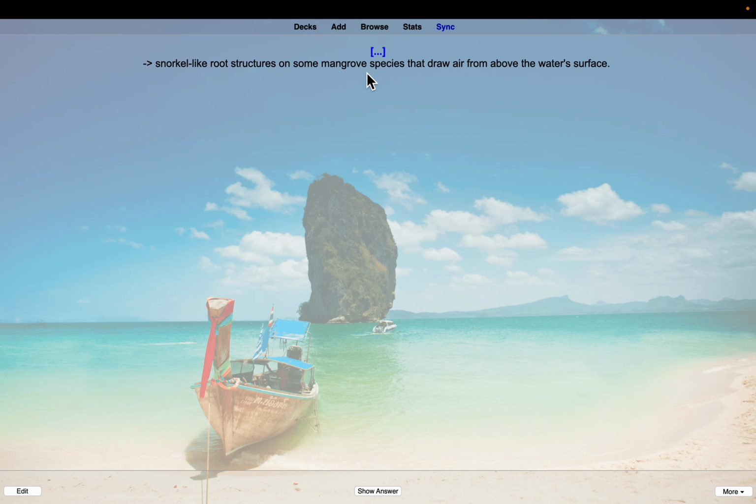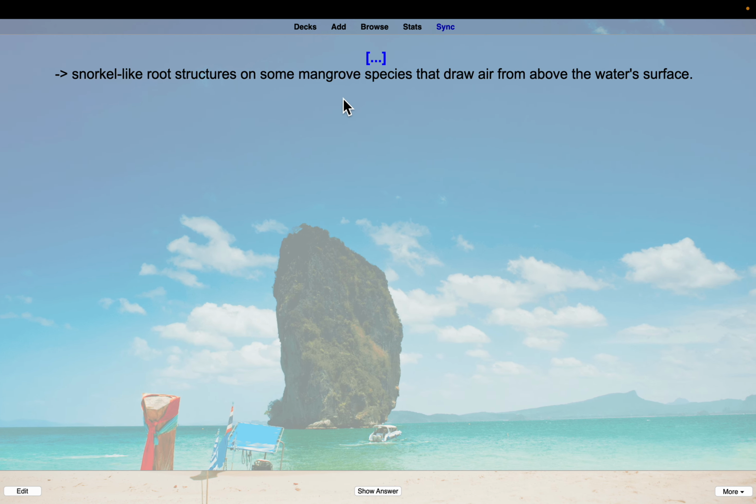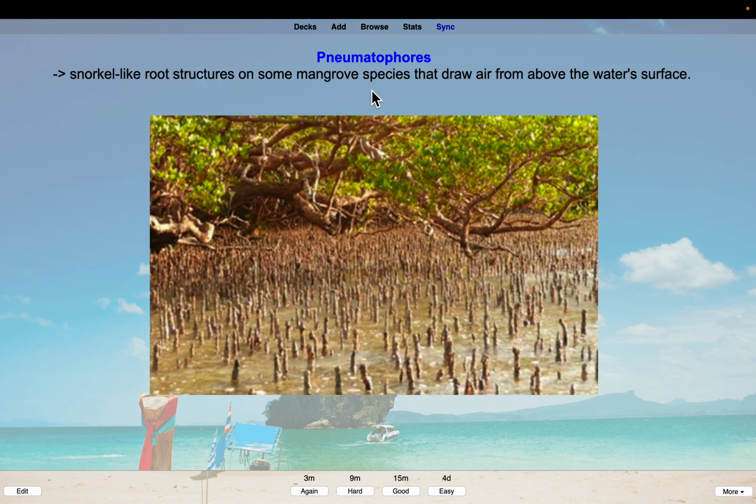Okay, next. Blank snorkel-like root structures on some mangrove species that draw air from above the water's surface. Pneumatophores. One thing you could also note from this is from the word snorkel-like, they actually do have a function of being able to breathe.